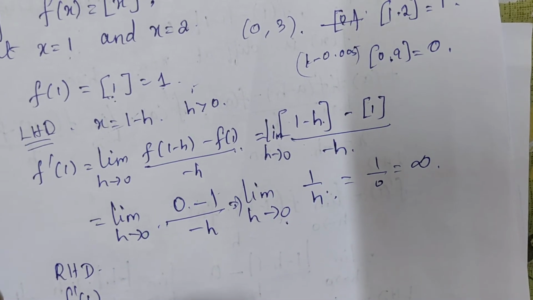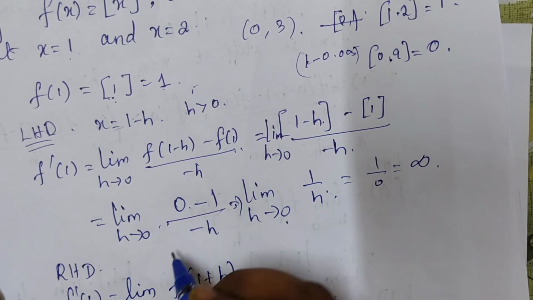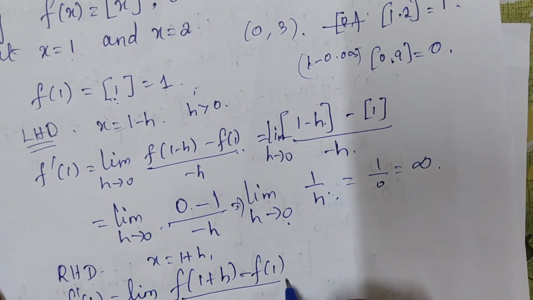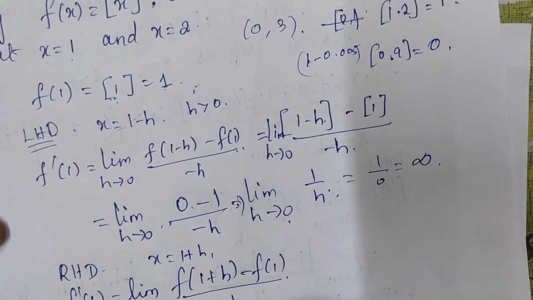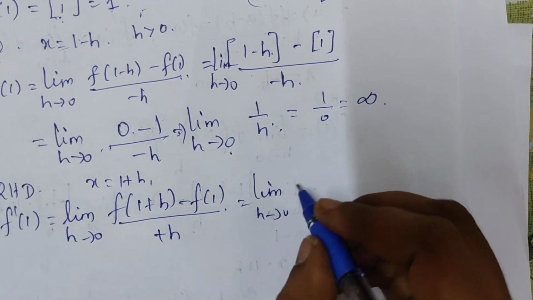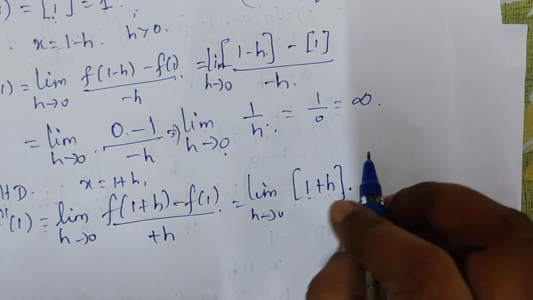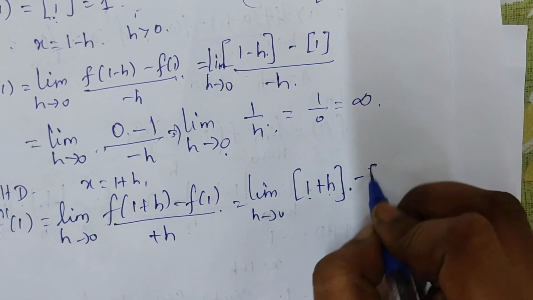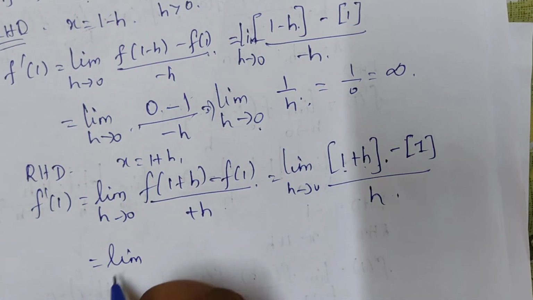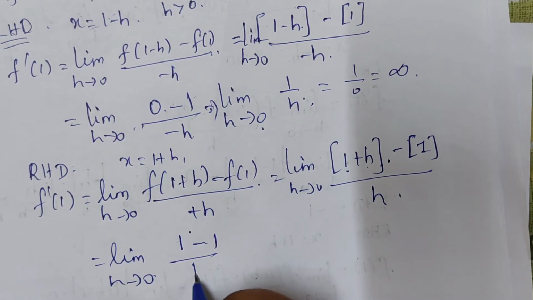So f dash of 1 will be limit h tends to 0 of f of 1 plus h minus f of 1, divided by h. So limit h tends to 0 of 1 plus h, which means a number that exceeds 1, so its value is 1, minus 1, divided by h.